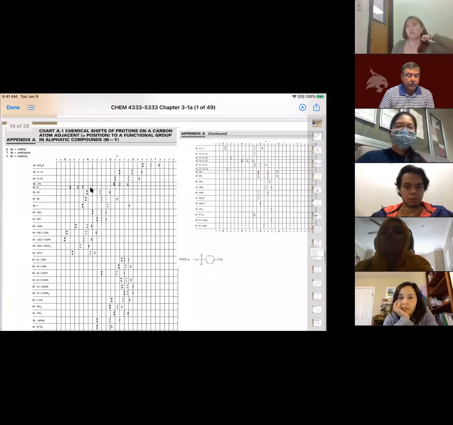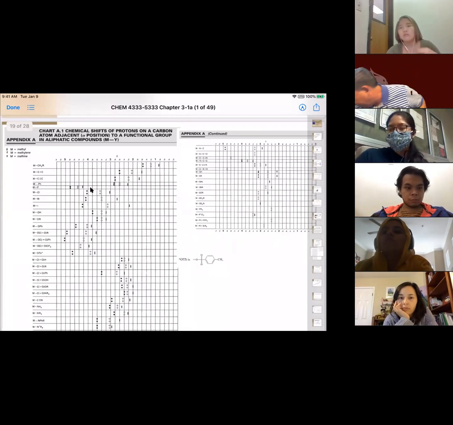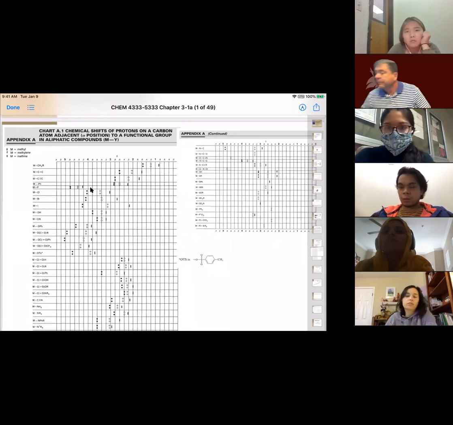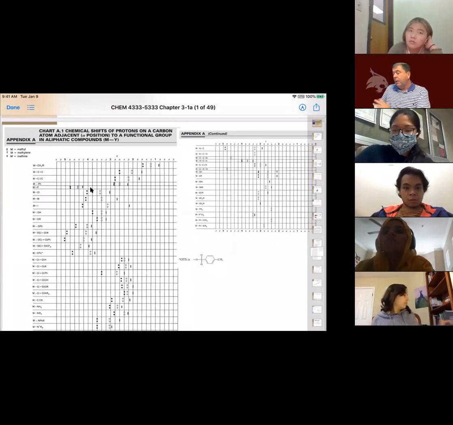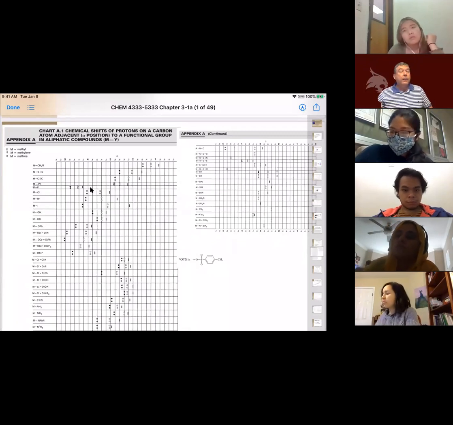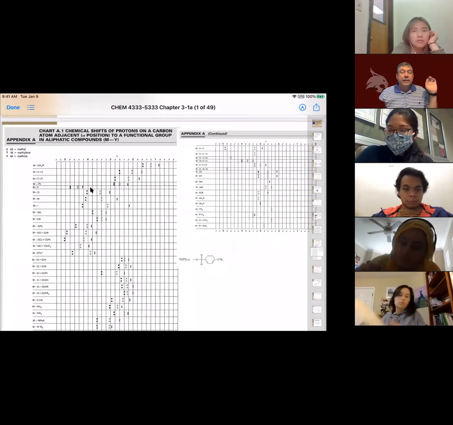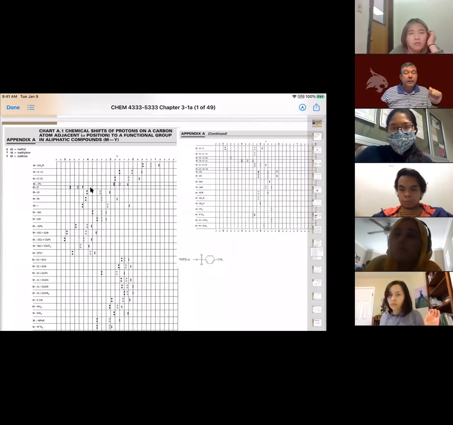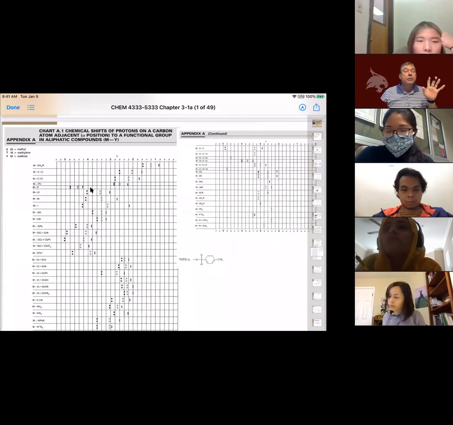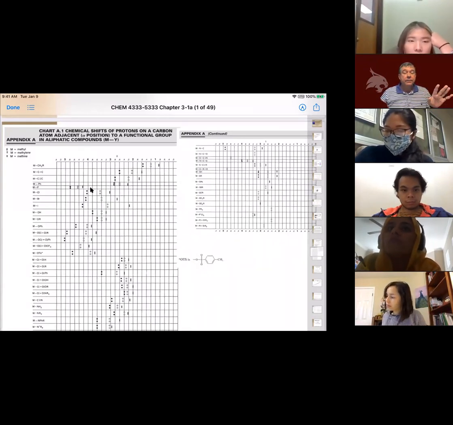Okay, so go ahead and look in your book at chart A1. Okay, so this is a crazy, crazy chart, okay? But let me show you how to use it. So the idea here is that these are where we expect the hydrogens to show up on different functional groups.